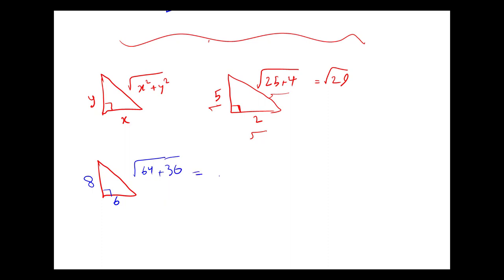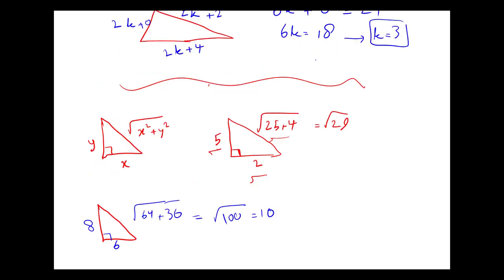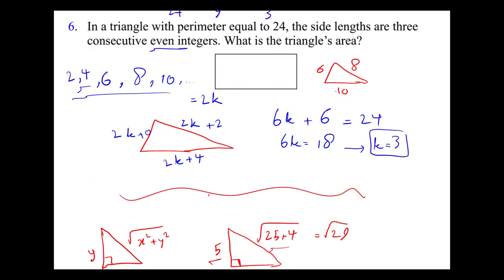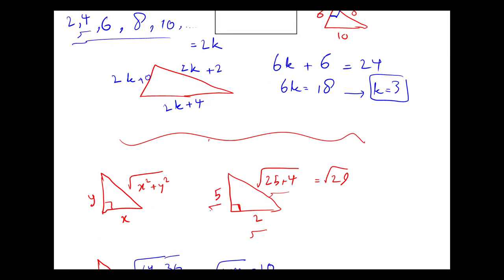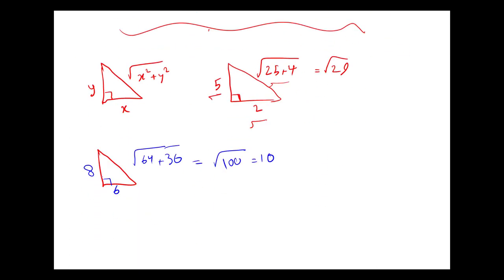If we sum them up, it's 100. The square root of 100 is 10. Oh, in the question they gave 10, so this should be 90 degrees. You should memorize this kind of relation. 8, 6, and 10 makes a Pythagorean triple for finding the edges.